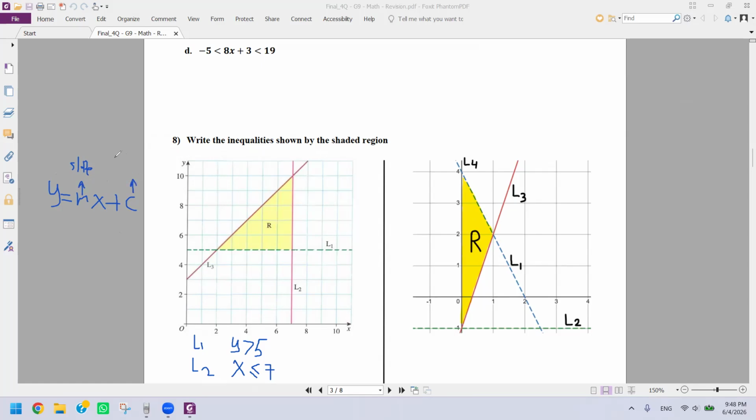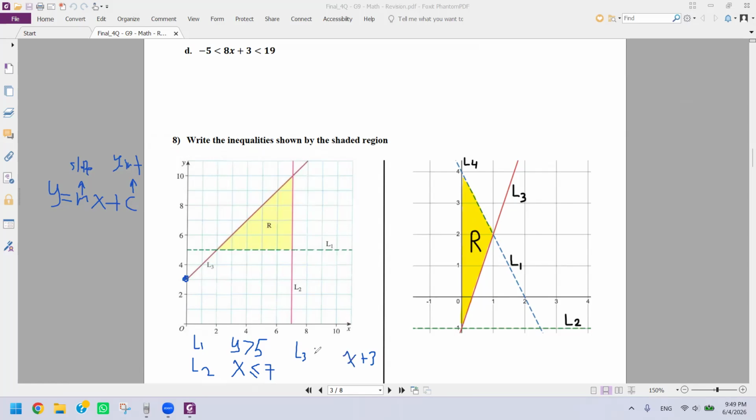C is the y-intercept. I said, if you need to write the third line, first of all, find C, the y-intercept. What does that mean? Where does that line cross the y-axis at? 3. So now I know that plus C, what is it? It's plus 3.